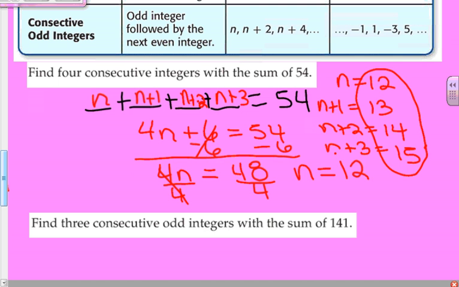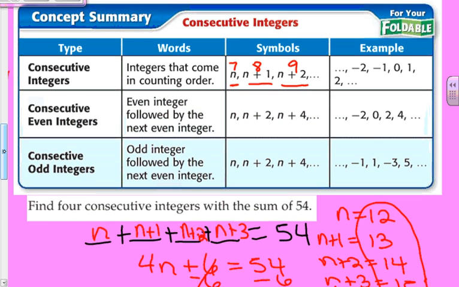Let's go back and look at our chart real quick. When you're doing consecutive even or consecutive odd, it's going to be the same method. When it's consecutive even numbers, it'd be like 2, 4, 6. You're skipping one. So you have to add 2 and then add 4 and then add 6 and so on. So it shows you to skip one each time.